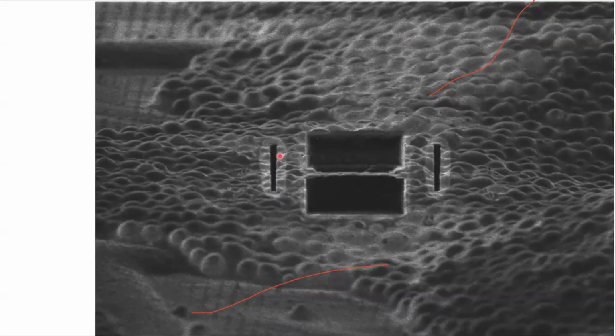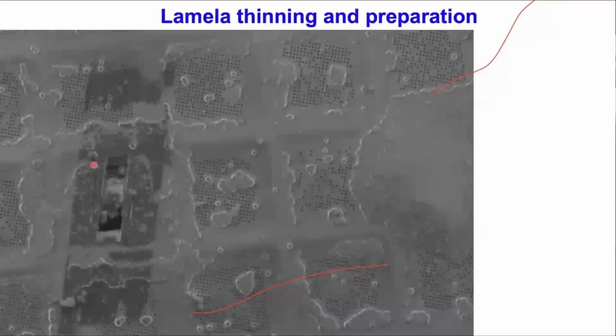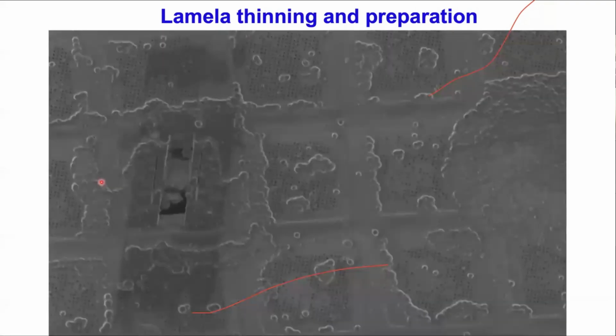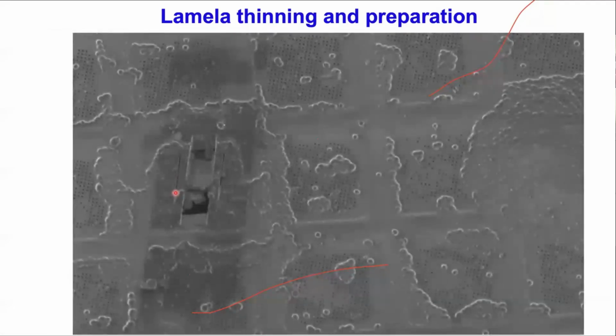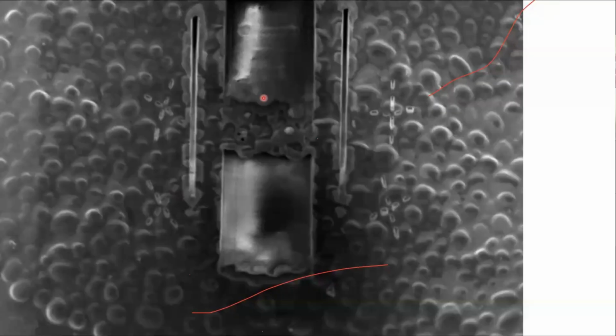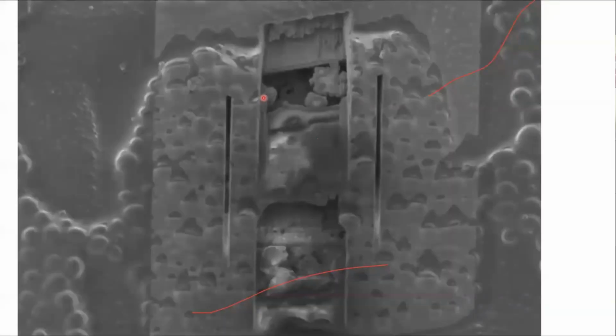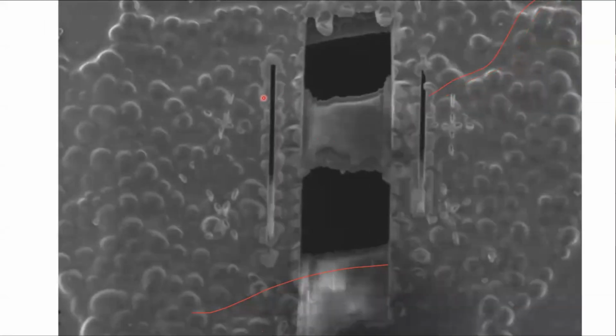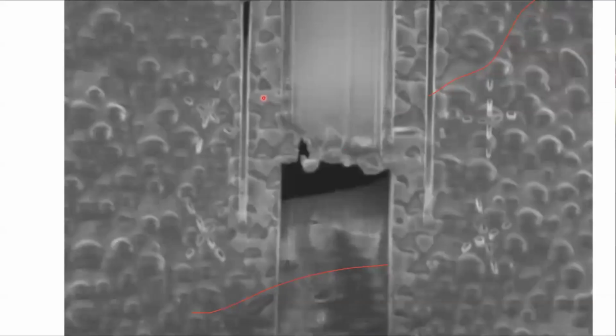So first that was the FIB view, and now this is the ACM view of the same lamella. You can see that with multiple thinning steps, it slowly thins, and finally the thin lamella is produced. So this is one lamella. Later we went for a little more thinning, and finally this lamella was produced with multiple samples.